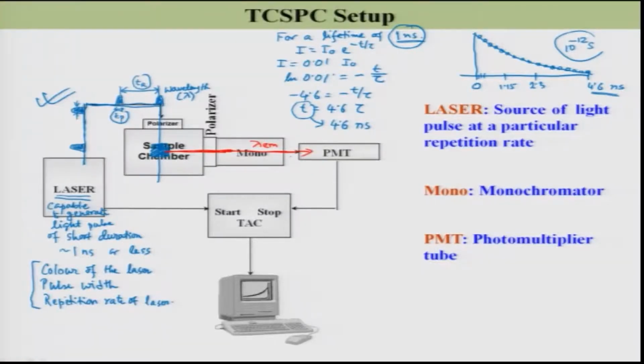So, this setup works in a way that when these short pulses excite the sample over here, at the same time the laser will send one signal to a device called tach.